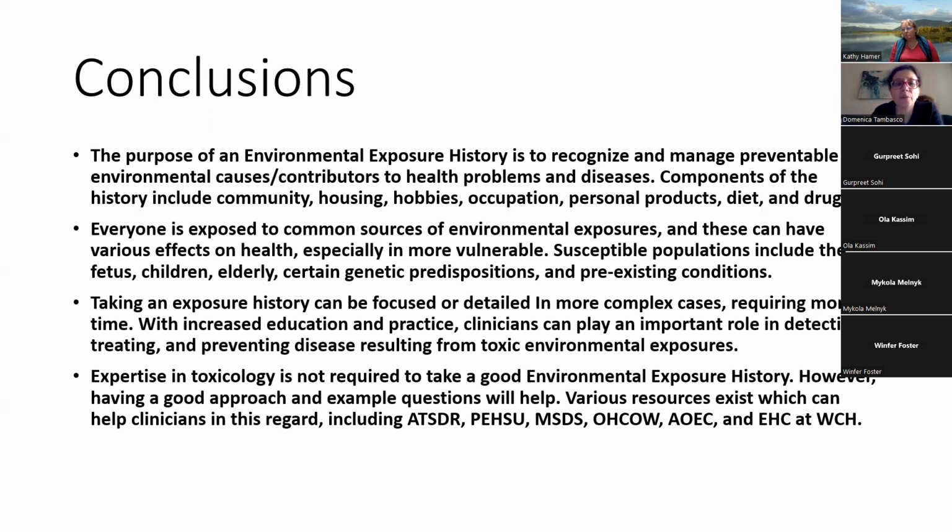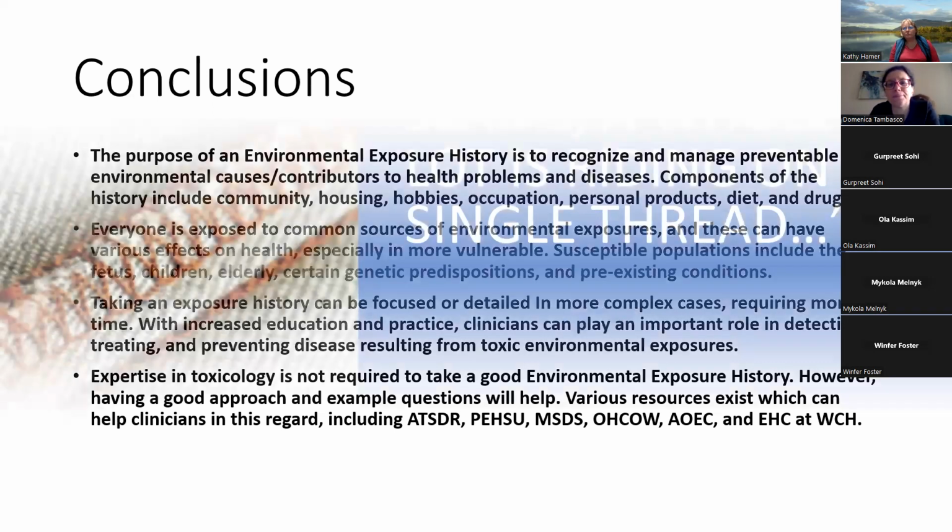However, having a good approach and example questions will help. There are various resources that can help with this, including the ATSDR, PEHSU, the Material Safety Data Sheet, AOEC, and our clinic. I hope this discussion has illustrated the importance of taking an environmental exposure history and inspired you to learn more. Next slide, please.